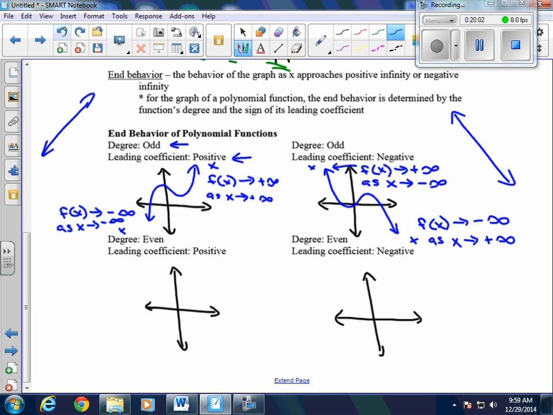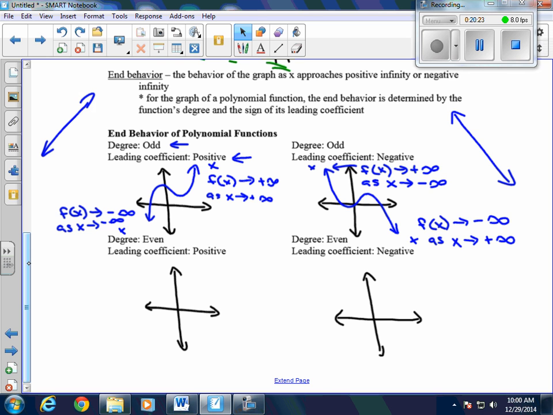Now, the next thing we're going to talk about is something called an even function, or an even degree. And when the degree is even, like our quadratics, which is what we're going to compare all of this to, we know that either it opened up or it opened down.